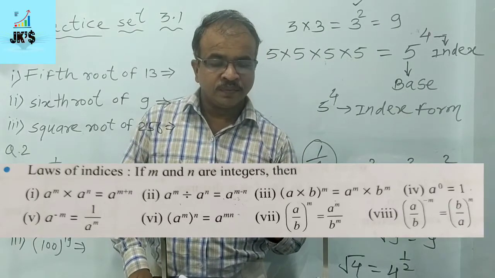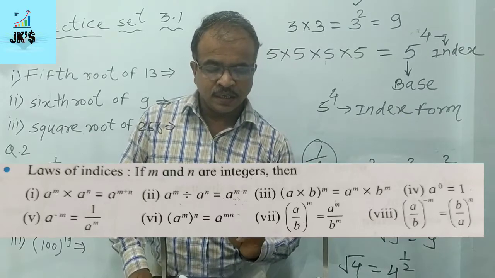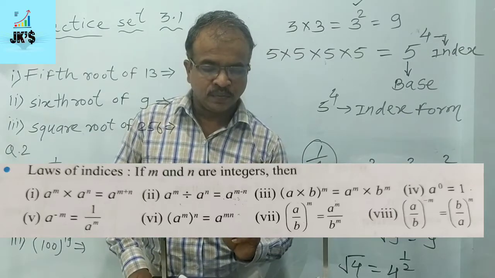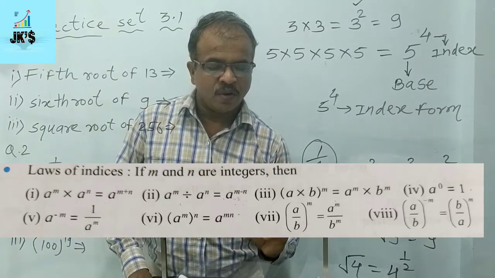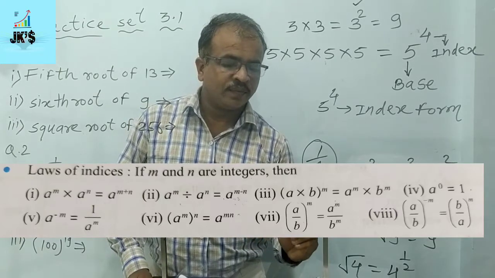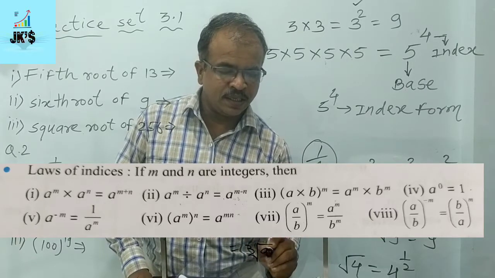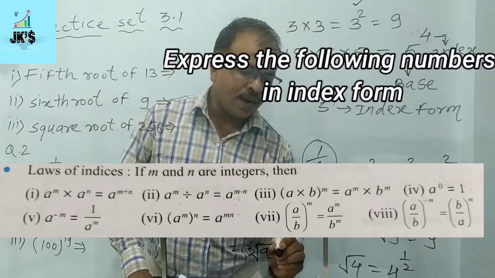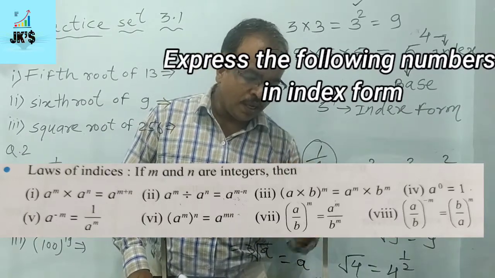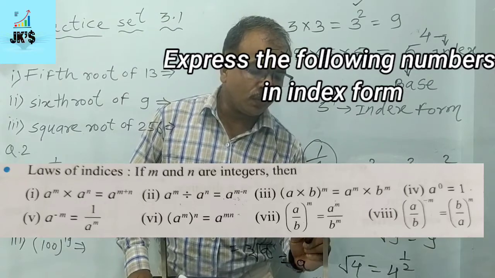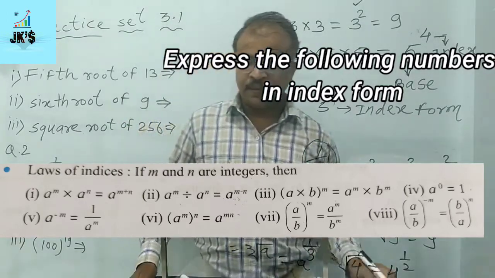A cube is written like this, and the cube root of A is written using the root sign and the index. Cube means the third root, a to the power 1 by 3.